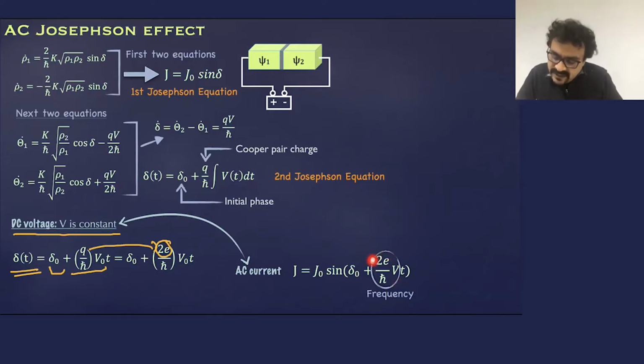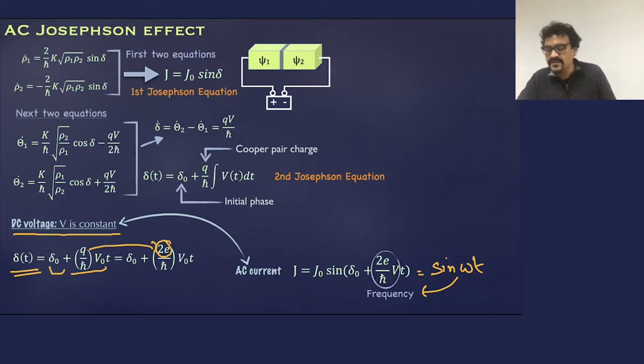And if you look at the magnitude of this term, 2e by h bar times V, that is the frequency. This is of the form sine omega t, where omega is basically 2e by h bar times V. Okay, this is the omega.